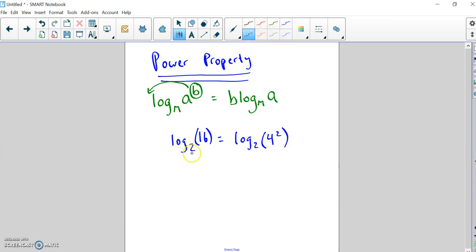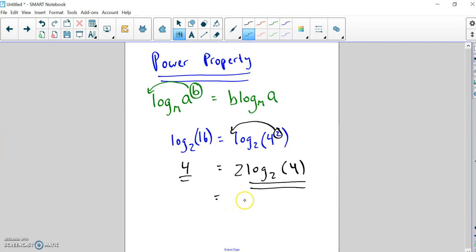Now, we already know off the top of our head 2 to the 4th power should be 16. I'm using the power property. If I took this exponent and put it out on the front, this would turn into 2 times log base 2 of 4. Okay. Log base 2 of 4. 2 squared is 4, so this would turn into 2. And then we already have this 2 out in front. 2 times 2 is 4. So we can see that this property works the way that we want it to.